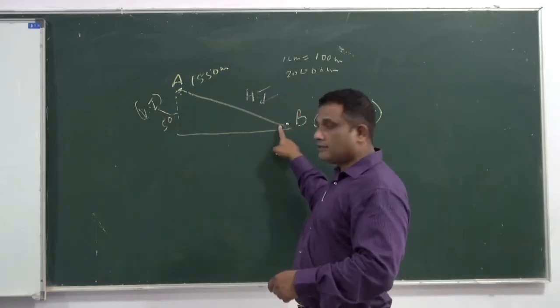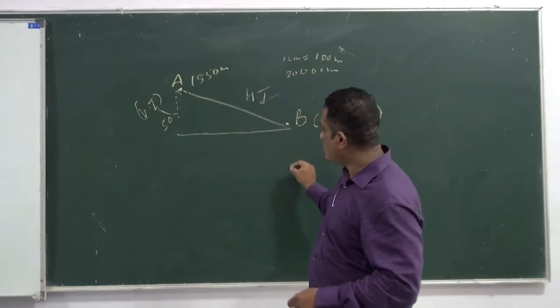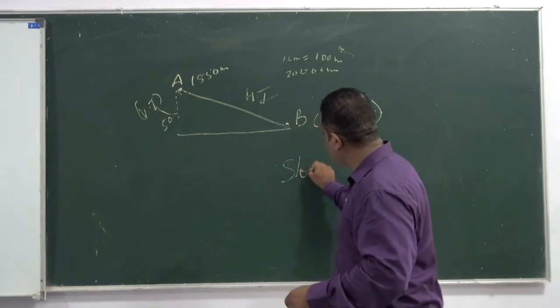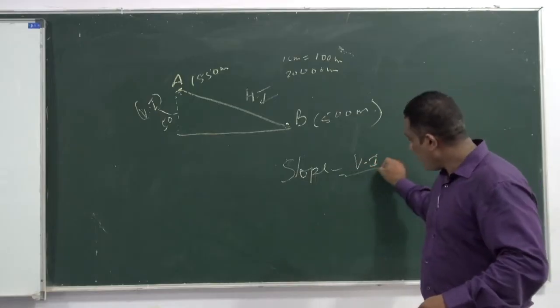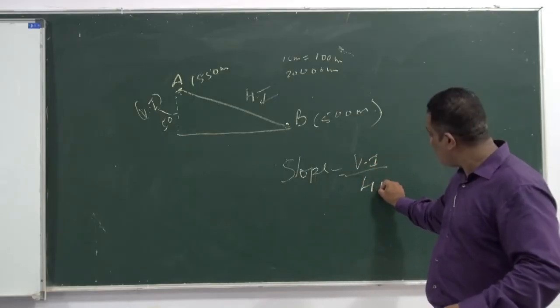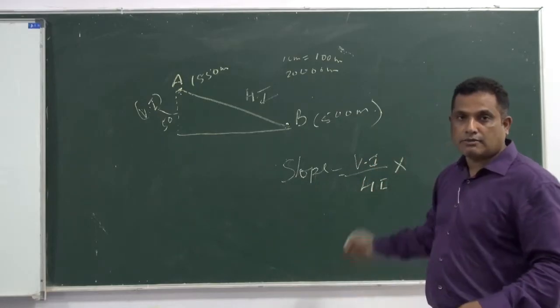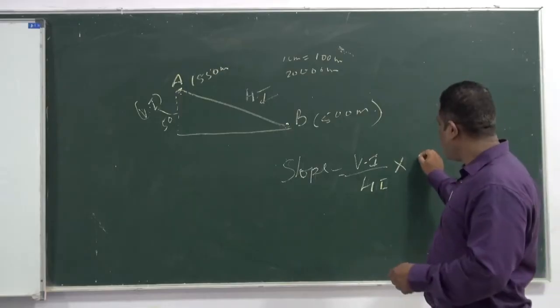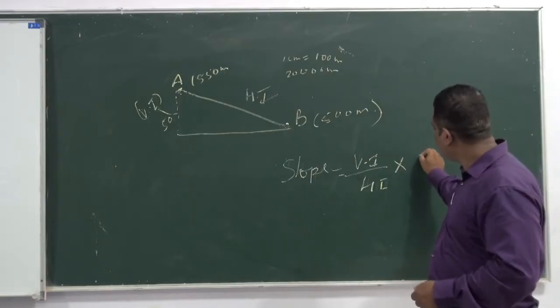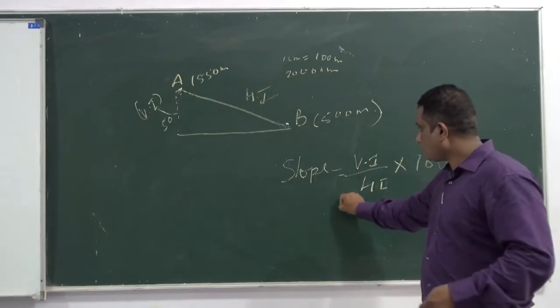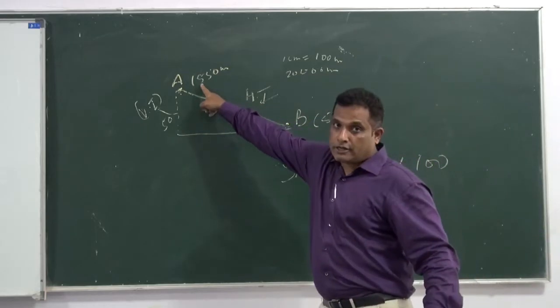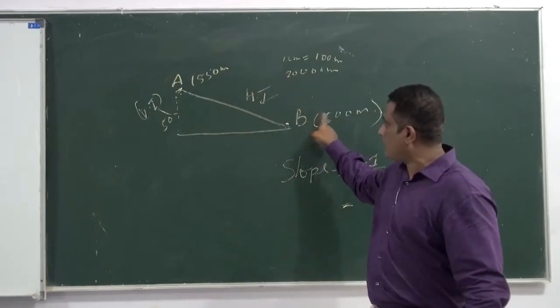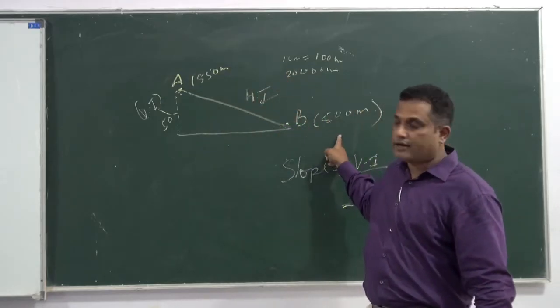And what is this line? This is the slope. And what is slope? Slope is Vi by Hi, expressed in terms of percentage. Vi is the elevation of this point minus the elevation of this point, that is 550 minus 500.